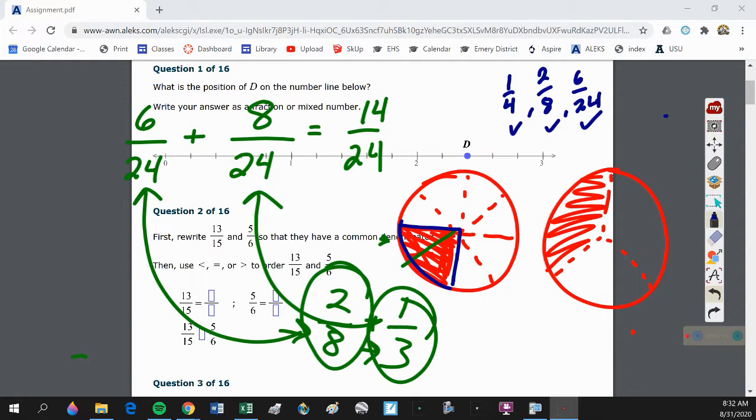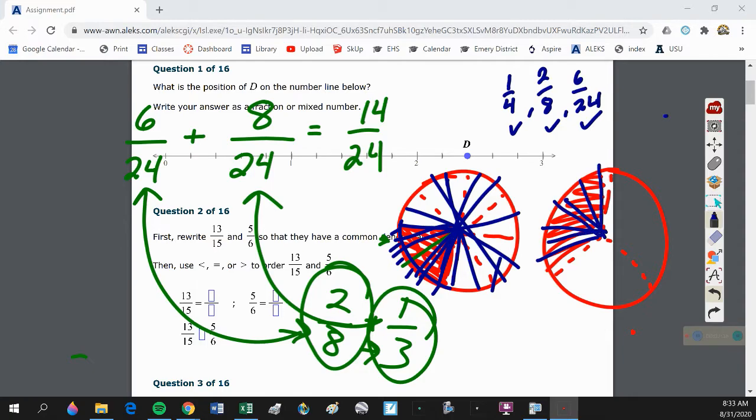So what I've done is I have cut this into more pieces until I have 1, 2, 3, 4, 5, 6 pieces, right? And over here, I cut this so that I have 8 pieces. And what do you notice about these pieces and these pieces? Now they're the same size.